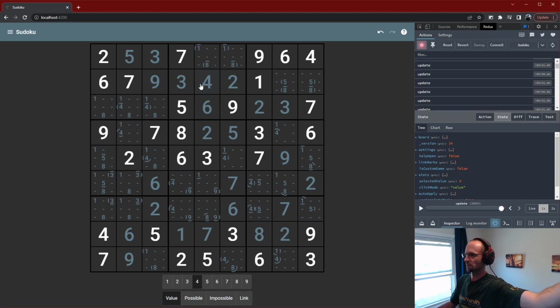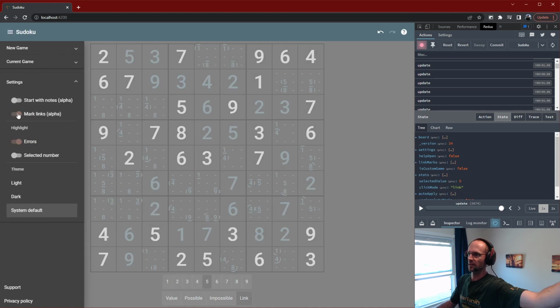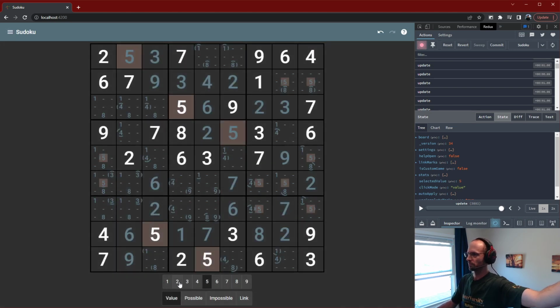Great. So let's see, that gives us a new strong link on 5s here. Oh, maybe I'll turn my highlighting back on. So we just did some work with 5s, which means I look for new strong links around 5s.